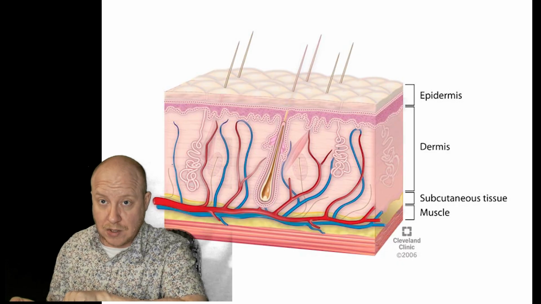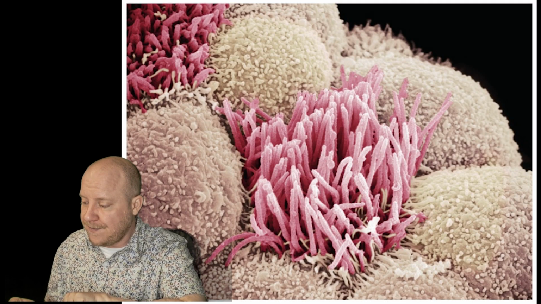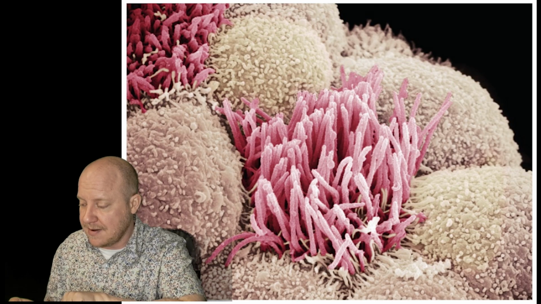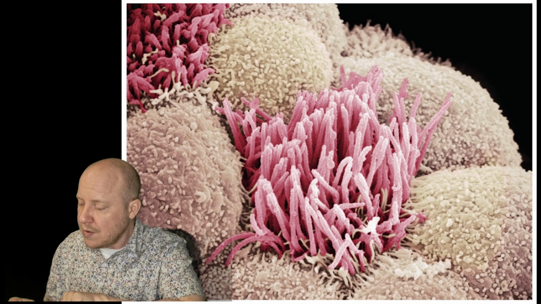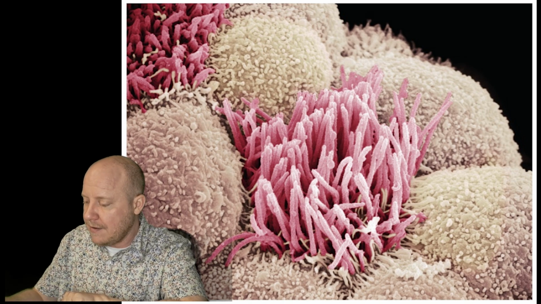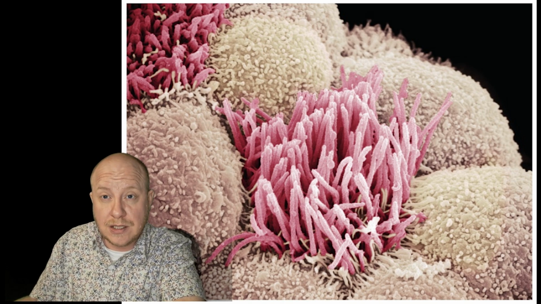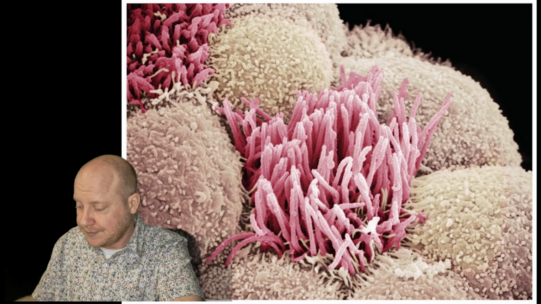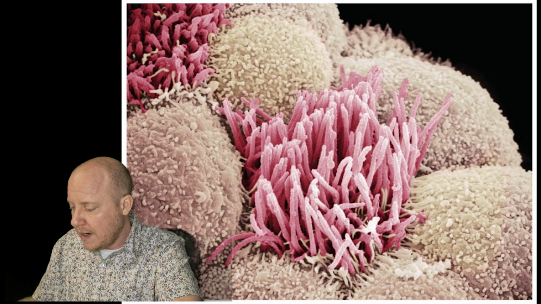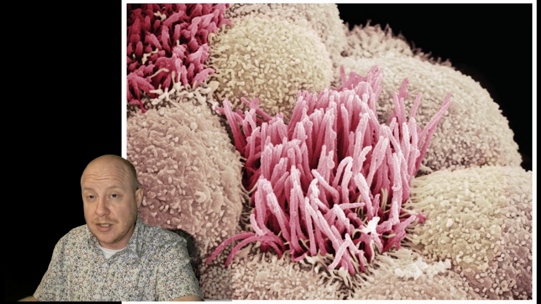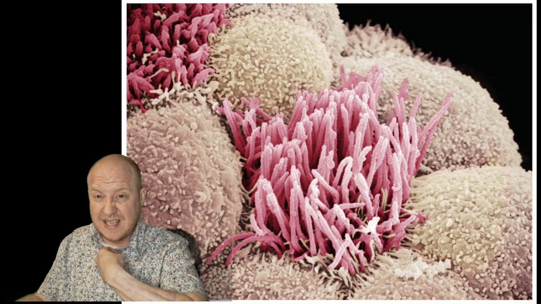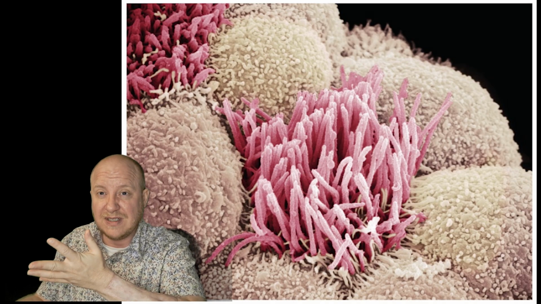Okay, and in this picture, this is a false color scanning electron micrograph, an SEM. So these are not actually white and pink. It shows the mucous membrane lining of the trachea. The trachea is the tube going down to your lungs. The large white cells are called goblet cells, and they secrete mucus. Remember, secrete is basically like to release it.